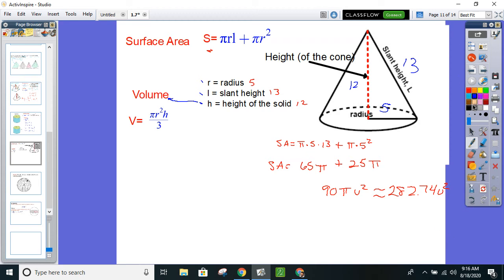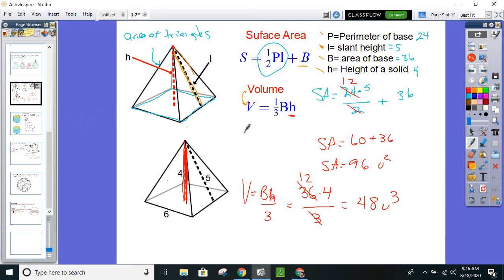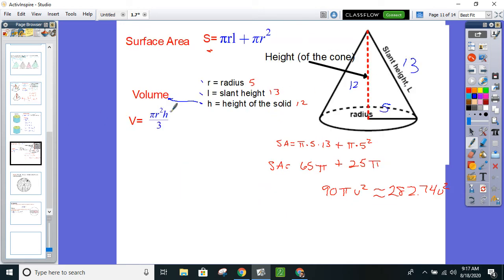All right, let's look at volume now. Volume, very similar. Area of the base, pi radius squared, times the height divided by 3. Very similar to this up here. Area of the base times the height divided by 3. Very, very similar. Same idea. And we'll learn more about that. But pi radius squared times height, all we need is the radius and the height.